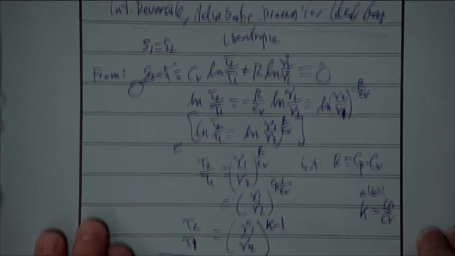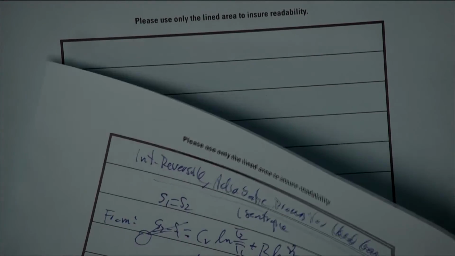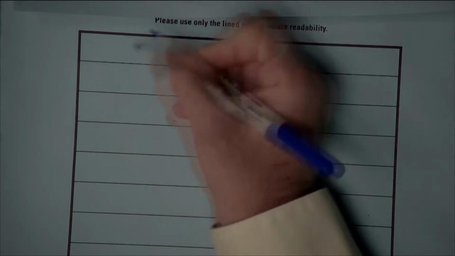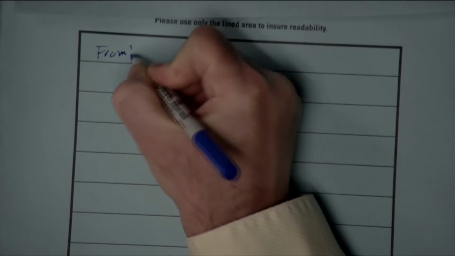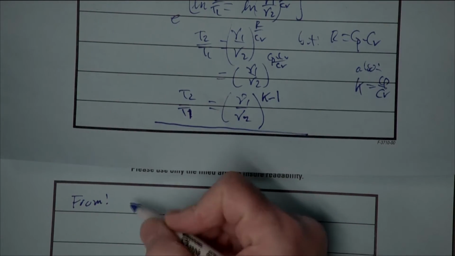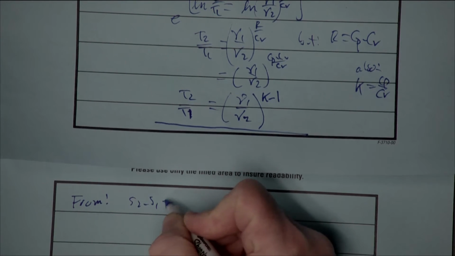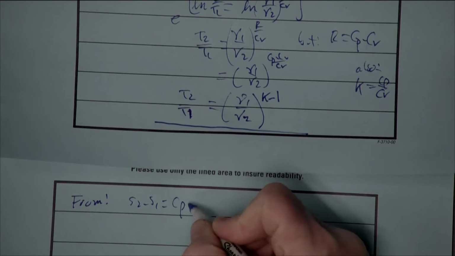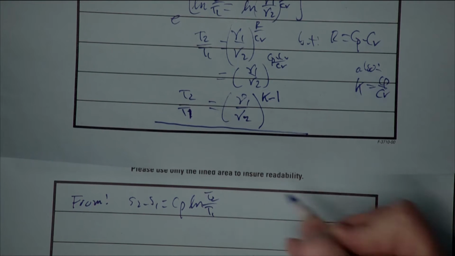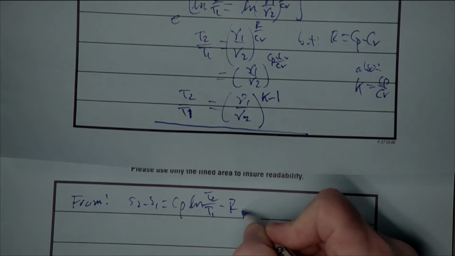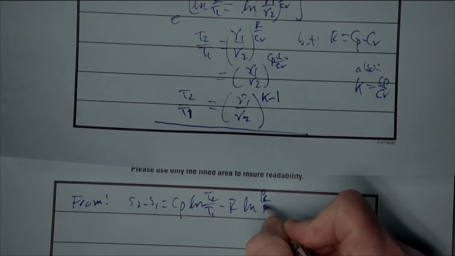Now, this is only one equation. There are certainly other equations that one could use. So, for instance, what if I started with the other equation, the one that said that the entropy change equals Cp times the log of the temperature ratio minus R natural log pressure ratio?